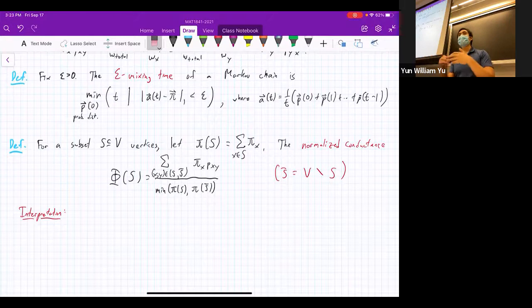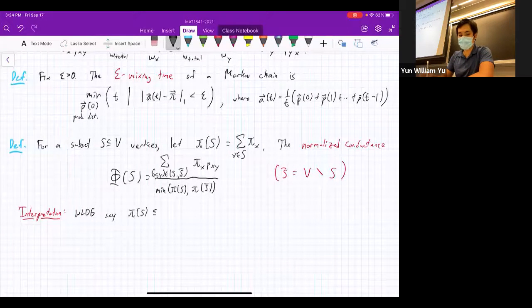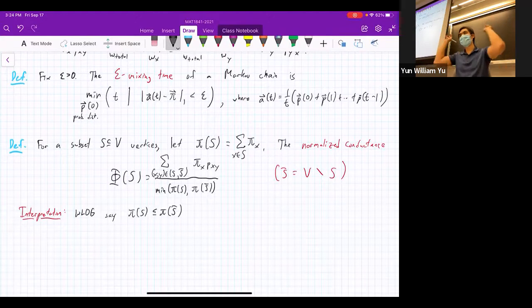We've defined it so that the bottom also remains the same, because it's the minimum of the probability masses on either side. Without loss of generality, we can say we start from the side that has less probability mass, say pi of S is less than or equal to pi of S bar. So start in the smaller side, smaller in terms of mass at stationarity.